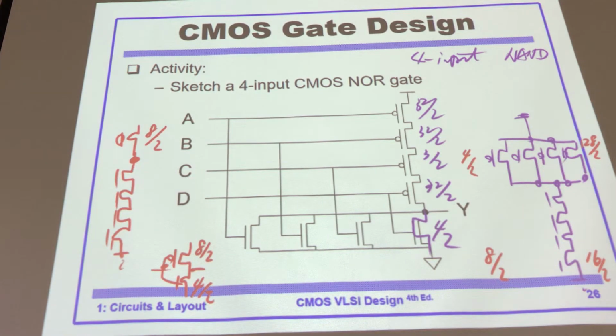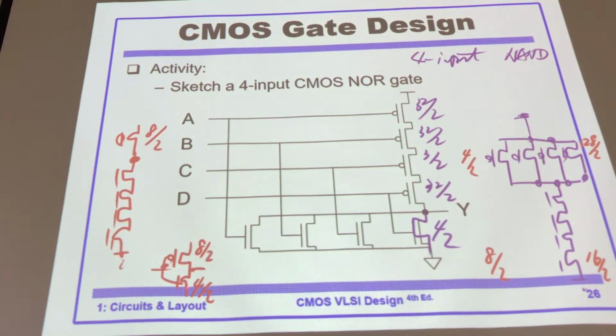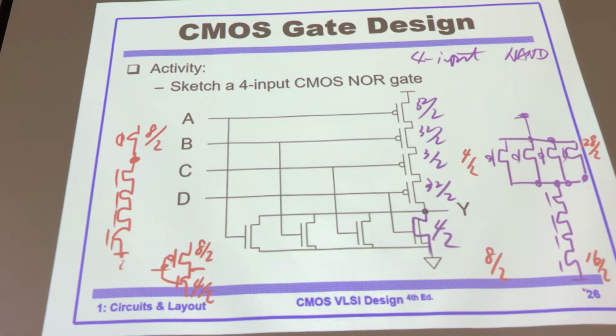The NMOS connection is serial, so you have to make it 4 times wider to compensate, right? So that's going to be 32 over 2.